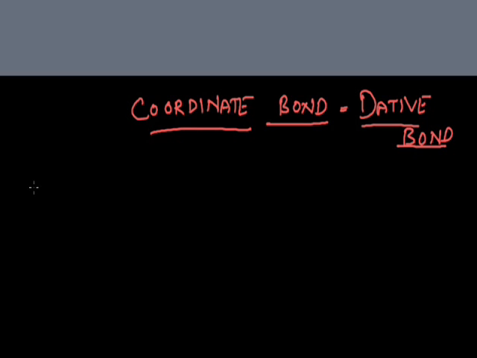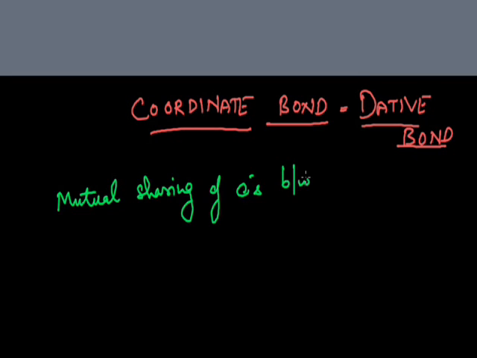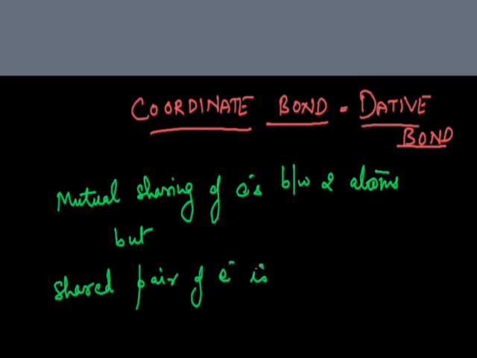The actual difference lies in the fact that in coordinate bond, only one atom takes part in donating the electron. It is the mutual sharing of electrons between two atoms, but the shared pair of electrons is contributed only by one of the two atoms.